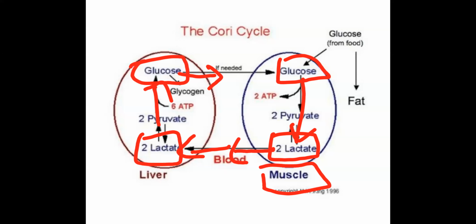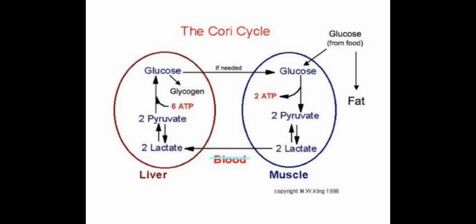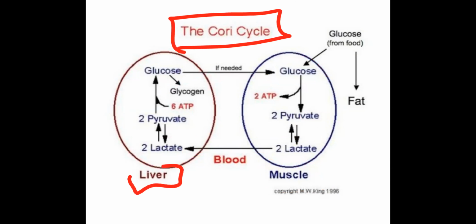And if the blood or any cell from the blood, including the muscle cell, picks it up, it is again converted to lactic acid by anaerobic respiration. Again the cycle proceeds in the same manner. This cycle is the Cori cycle, the one which explains how the liver converts lactic acid to synthesize glucose.